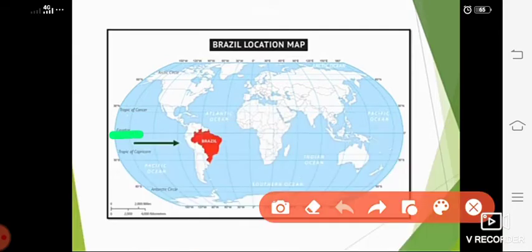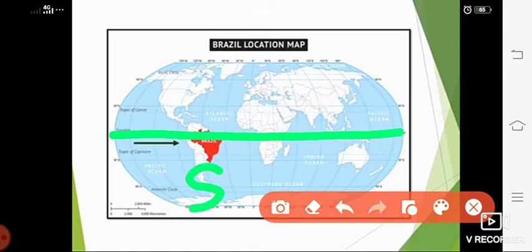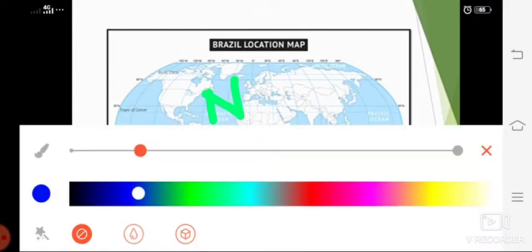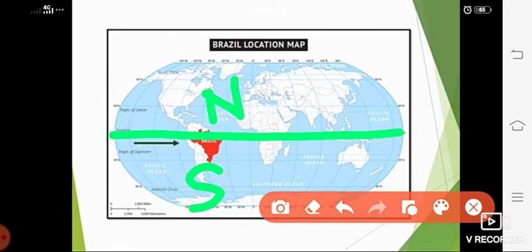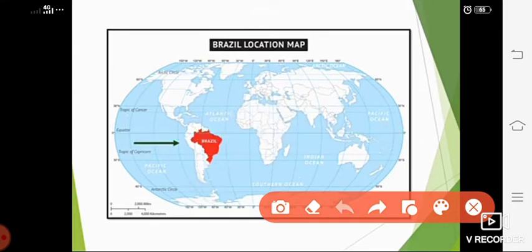Most of the part of Brazil is in the southern hemisphere and a little part is in the northern hemisphere. So we can say that the country of Brazil lies in both hemispheres, that is northern hemisphere and southern hemisphere.